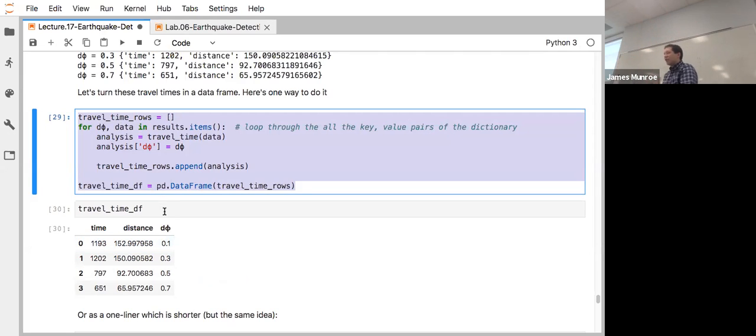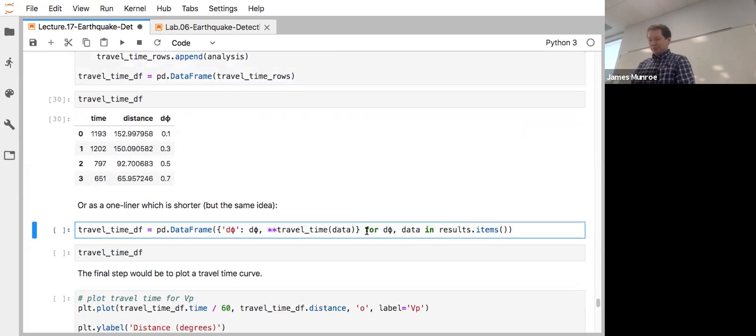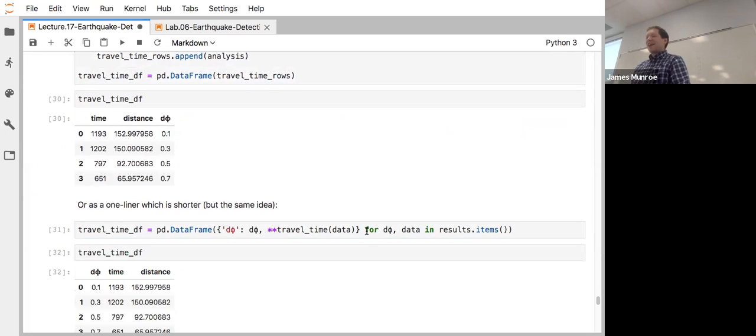Now, Python's a fairly compact language. So if this idea of starting with a list, iterating through every element in the dictionary, building up the row, adding it, and then turning them into a data frame makes sense, then you may be comfortable just doing this one. It's exactly the same thing.